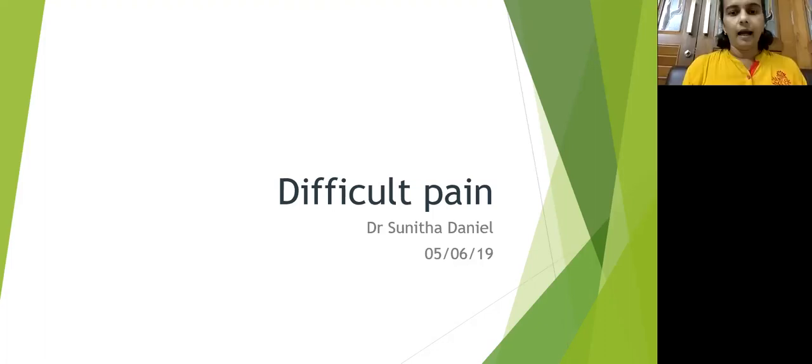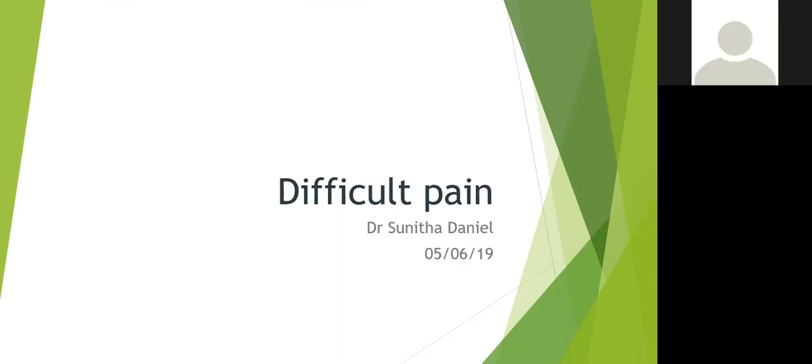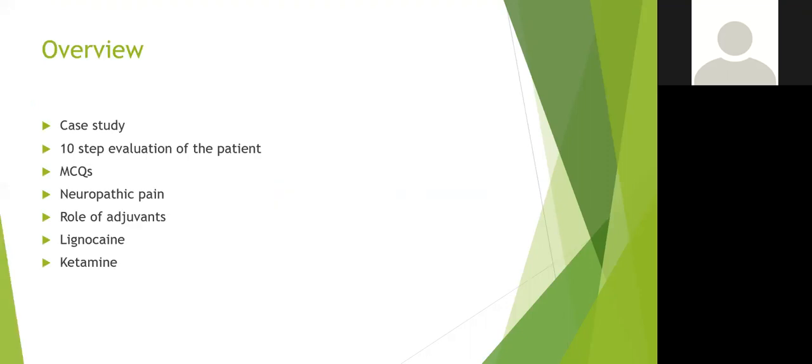I'll be going through the presentation with you for the first 40-45 minutes. Please stop me in between if you feel that I am not audible or if I'm too fast, and please let me know if it's not clear. We'll briefly talk about how to manage a patient with difficult pain. In this 45 minutes, I'm planning a brief case study of a patient who's got a difficult pain. We'll go through the patient with a 10-step evaluation process.